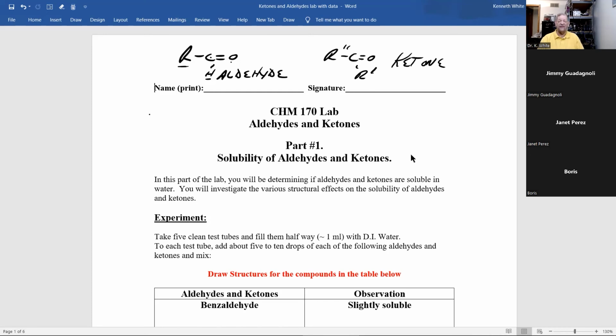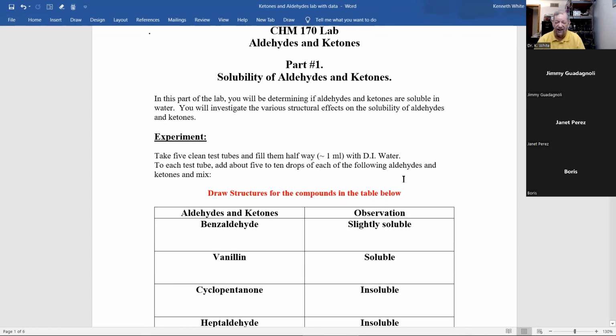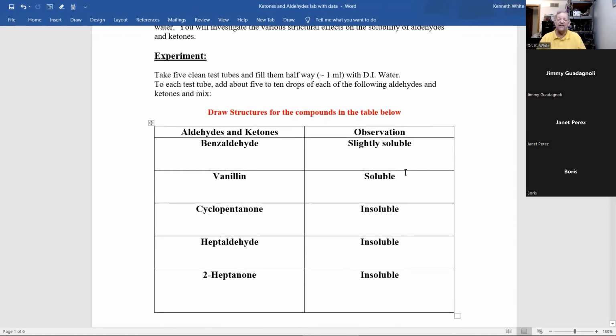Now, the first part is the kind of investigation you've done in the other labs. Let's look at the solubility of aldehydes and ketones in water. In this lab, you'll take a small test tube, put a little water in there, put a few drops of whatever you're testing, aldehyde or ketone, and find out, is it soluble or not? And here's the data for that.